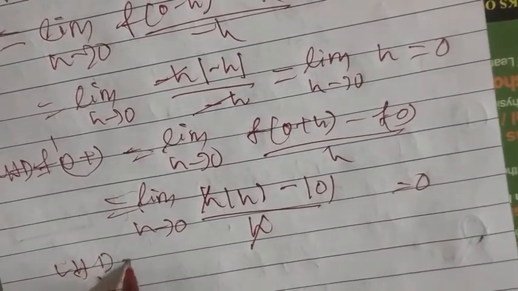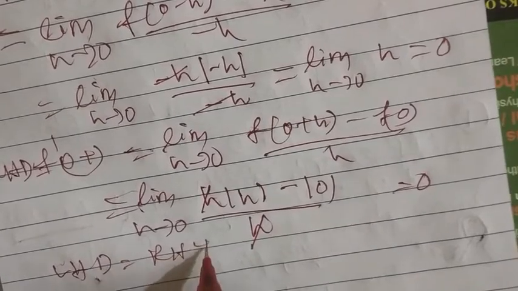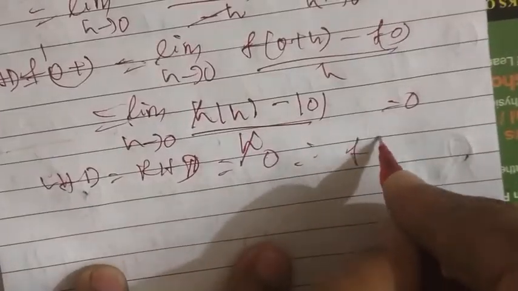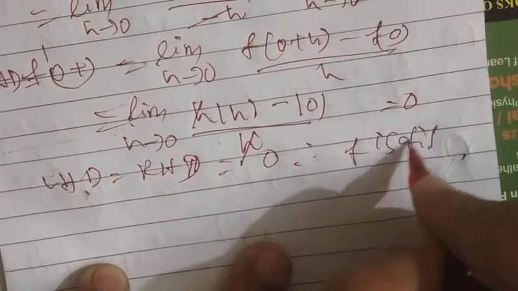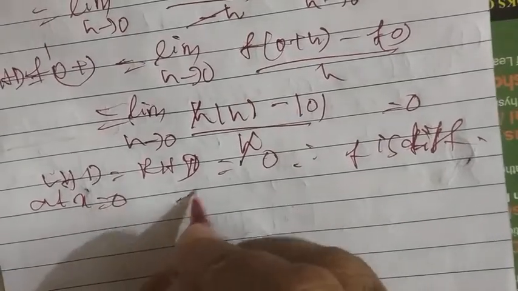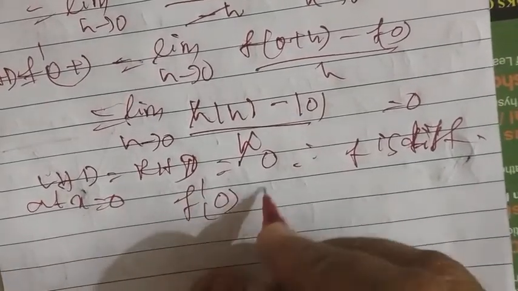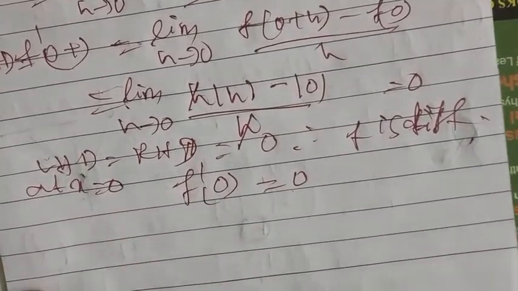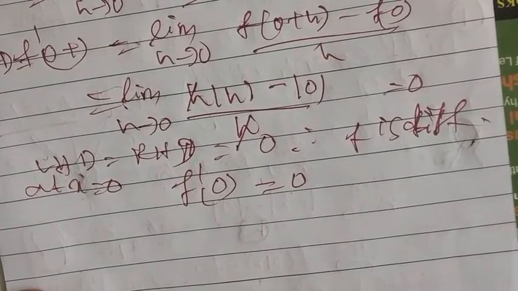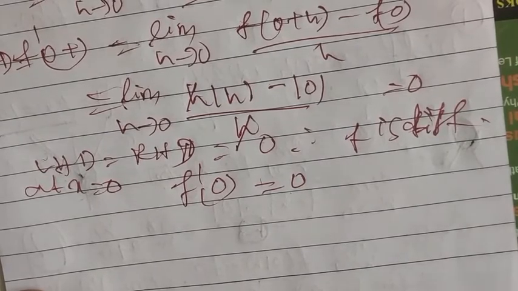LHD is equal to RHD is equal to 0. Therefore f is differentiable at x equal to 0. And what is that derivative f dash 0? It is 0.